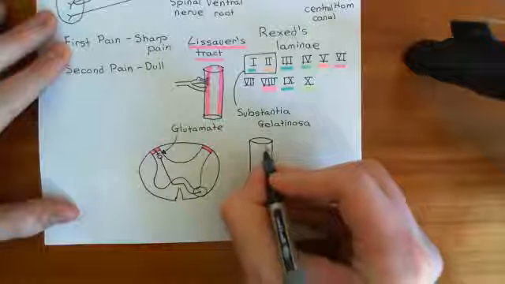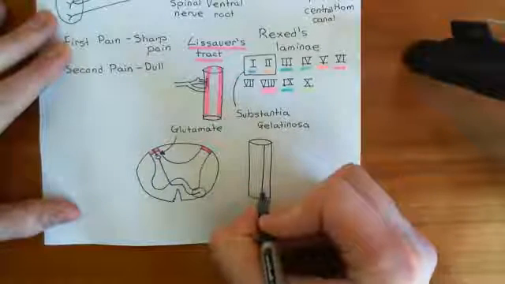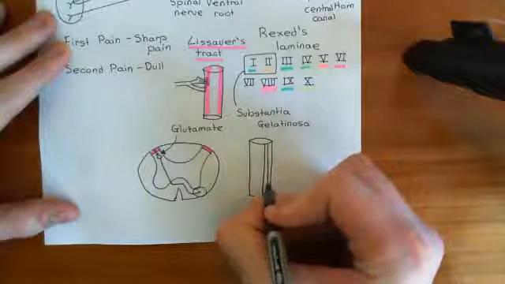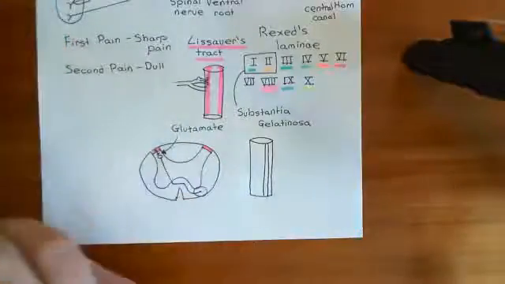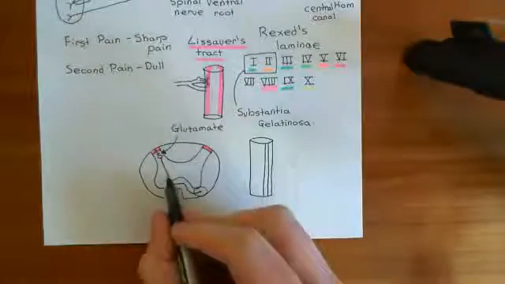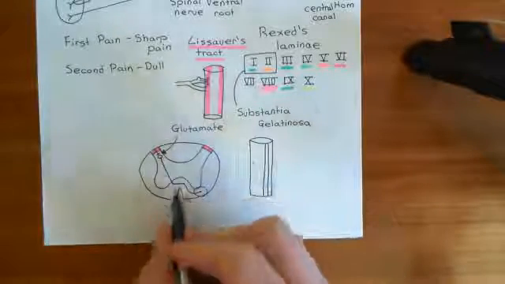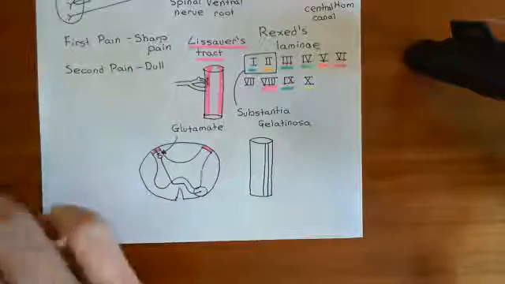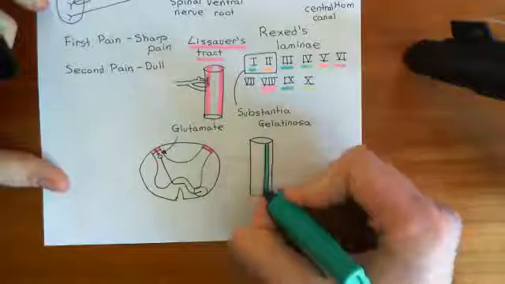Basically, you've got this collection of axons all running up at the front of the spinal cord on the left-hand side now, and they've all come from over here. And of course, at all the different levels, you'll be having these axons coming into this tract, as it's called. So this is what's known as the spinothalamic tract.